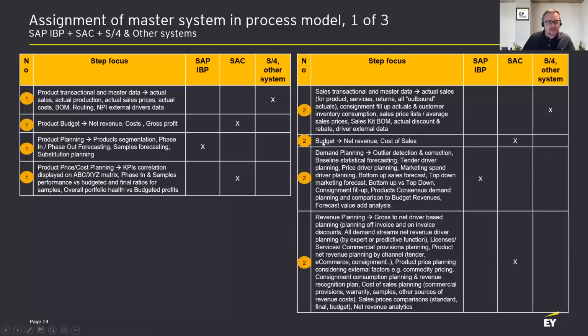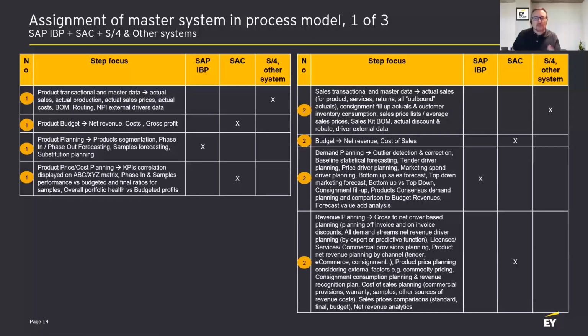So on the left-hand side, you see the first process step, which is the product review. As we try to articulate, we leverage the framework of IBP, but we expand it with the full financial planning activities. What it means here is that we leverage the information about the transactional data, your master data of the bills of materials and routings, and maybe some data from external systems, like here, when you're planning your new product implementations.